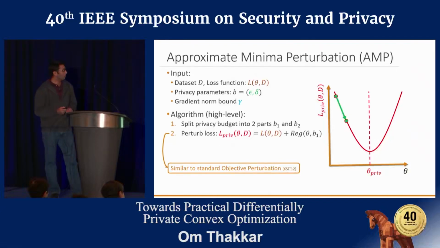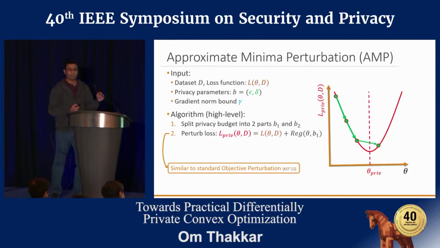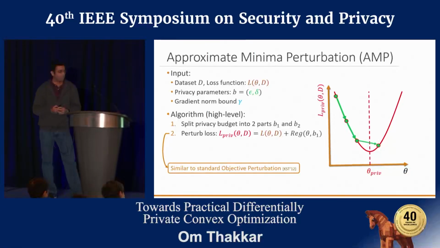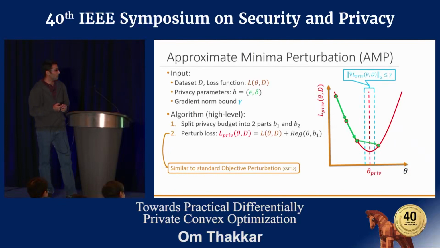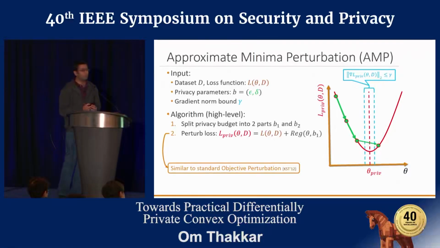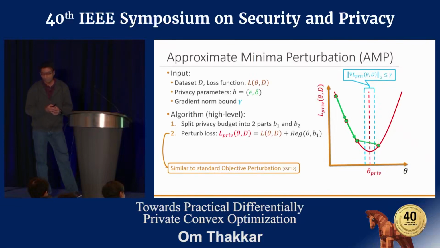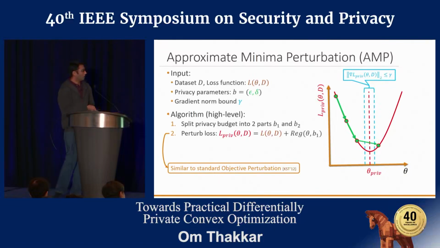So now you can use your favorite optimizer to optimize over this perturbed loss. But when do you stop? This is where the parameter gamma comes in. So gamma defines a region around the minimizer where the norm of the gradient is bounded from above by gamma. Note that the norm of the gradient at the minimizer theta_priv is 0, so around it should be very small.